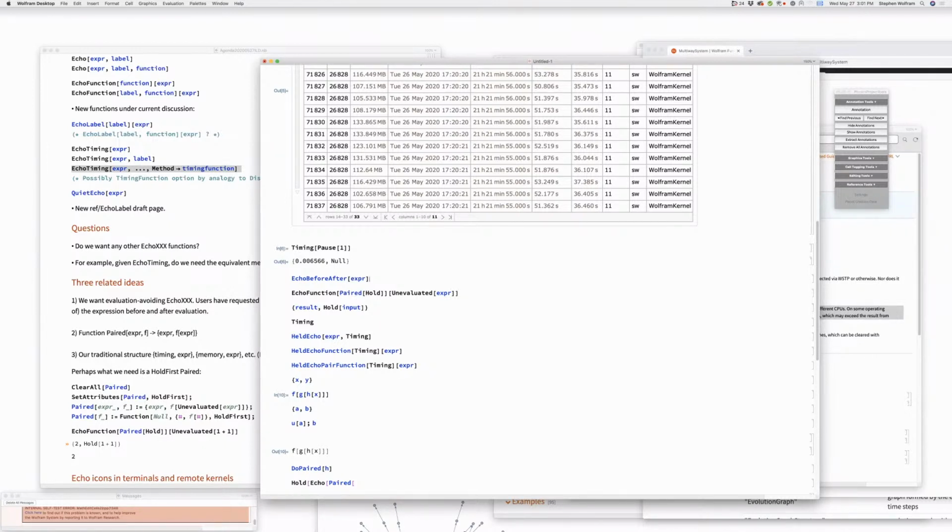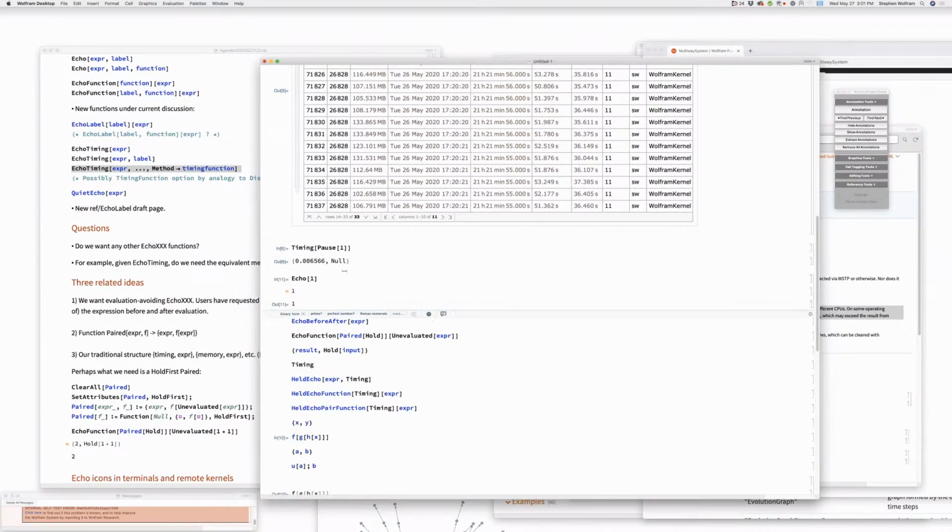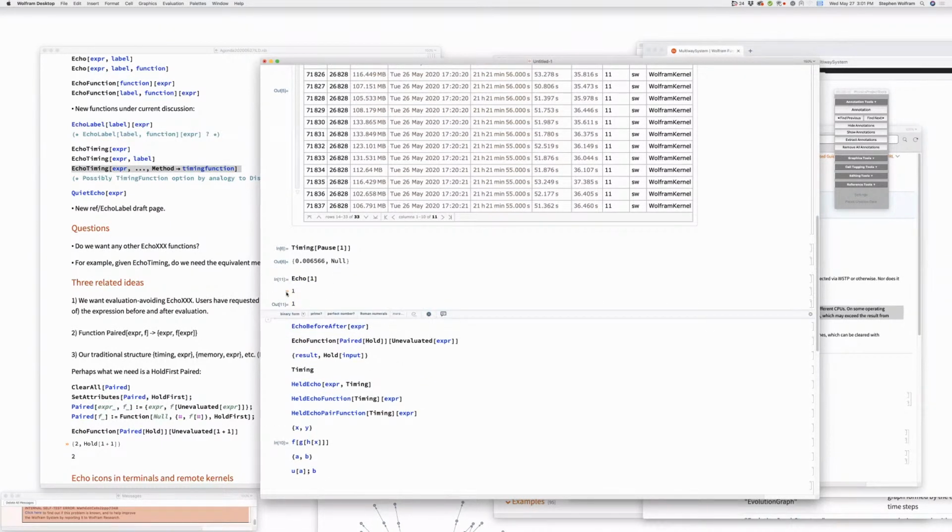It seems like that would be useful. And that would be an echo formatted to show a before and after with different colors or something like this. We can do something specific, certainly.